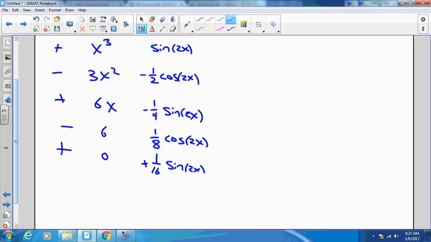All right, good. That's one. The derivative of sine is cosine. Take the derivative of sine 2x, you get 2 cosine 2x. Since we have the negative sign right here, we'll have the negative sign right here. Right?